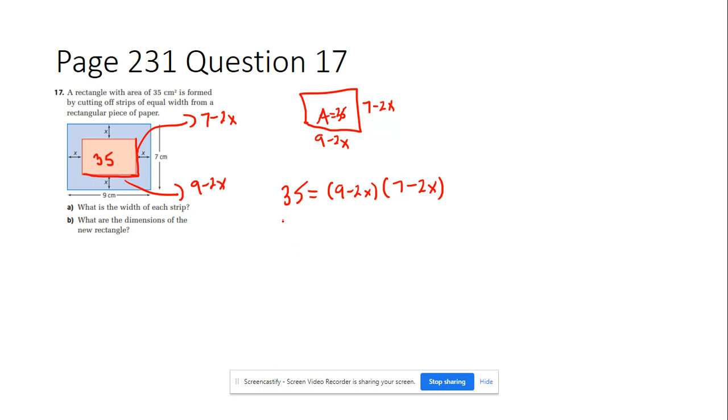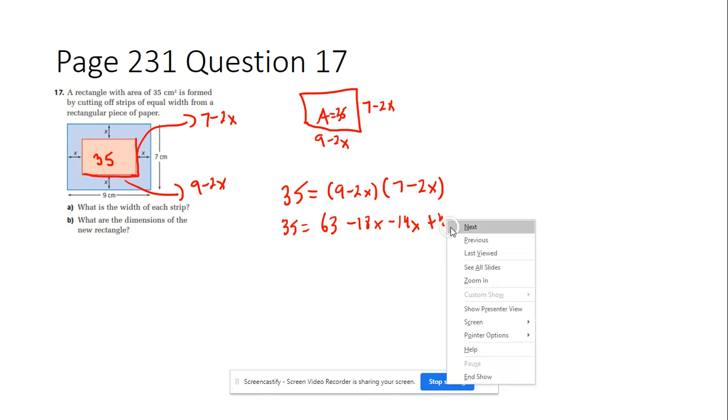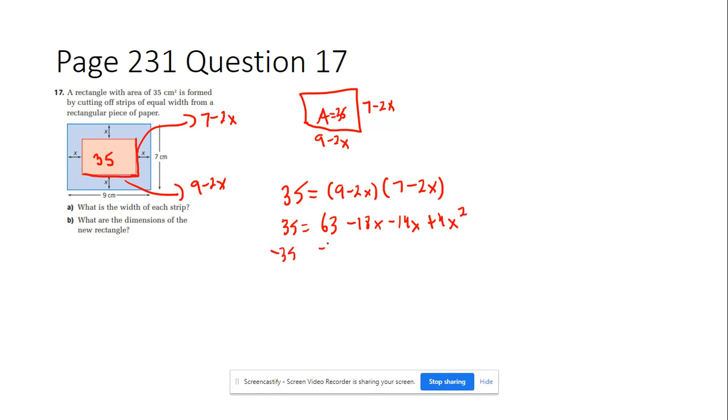So we get 35 = 63 - 18x - 14x + 4x². Now I'm going to bring the 35 over, so minus 35, minus 35. We get 0 = 4x² - 32x.